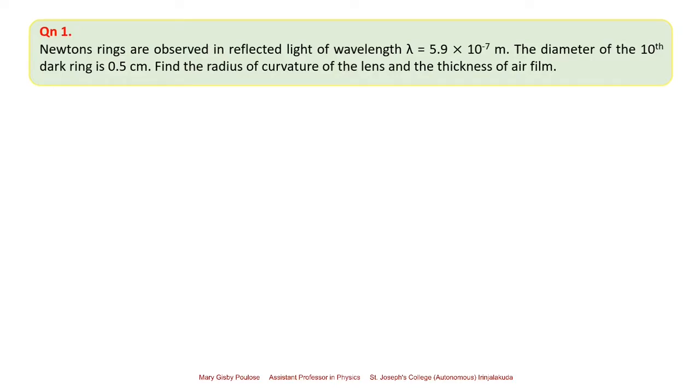So first, let us write down the given parameters. Wavelength lambda is given as 5.9 into 10 power minus 7 meters. The diameter of the 10th dark ring: the number of the fringe n is 10 and the diameter of the 10th dark ring, d10, is given as 0.5 centimeters.